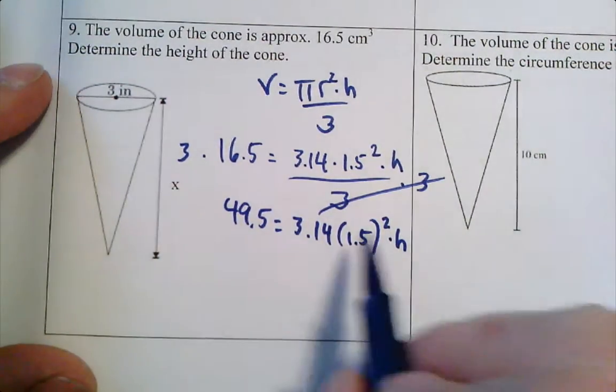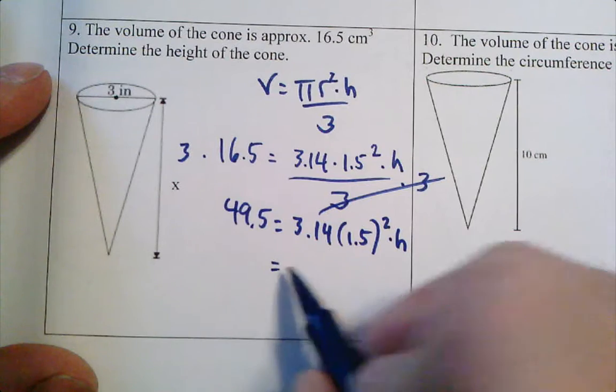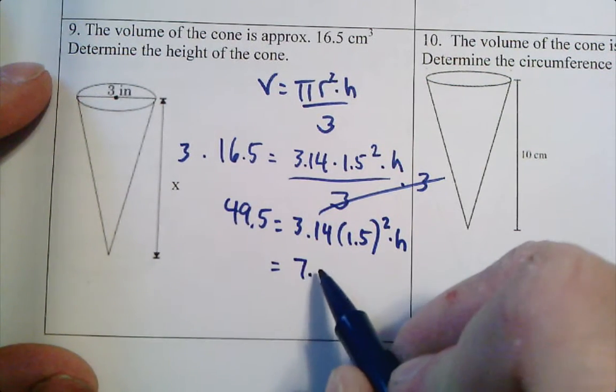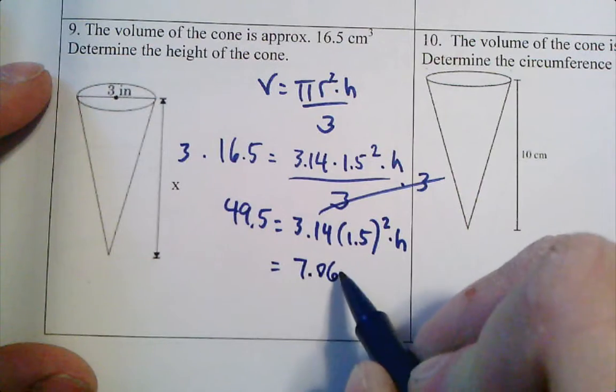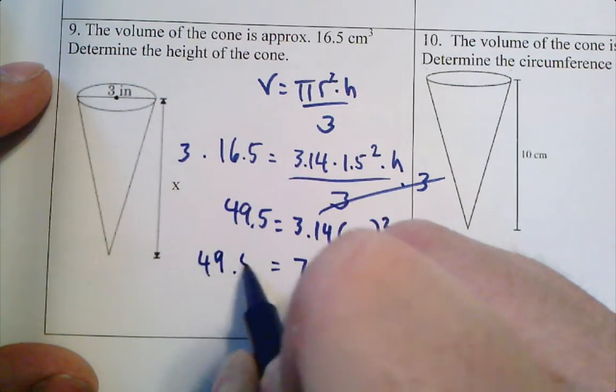So if I do just this part on my calculator, I'm going to do 1.5 times 1.5 times 3.14. This part calculates out to 7.065 times height, equals 49.5.